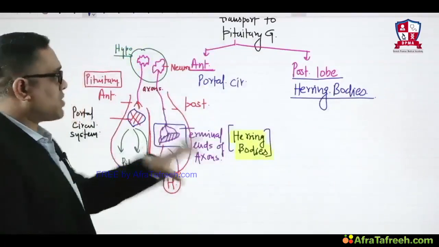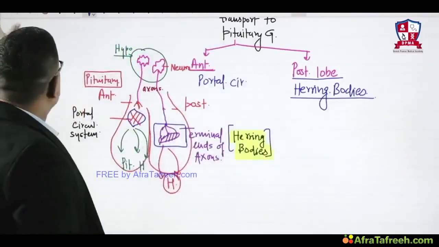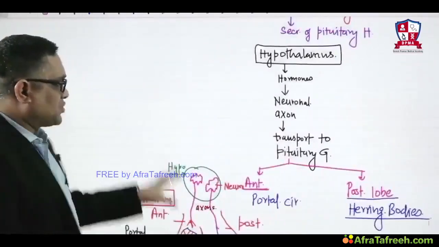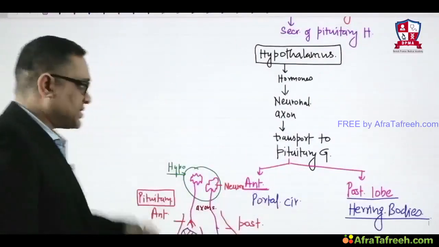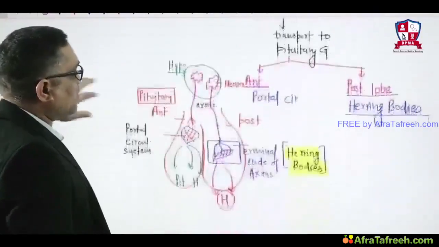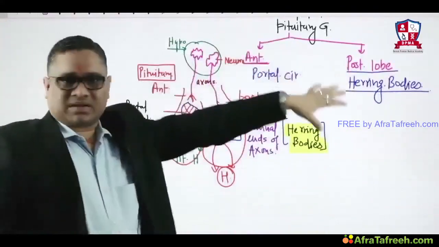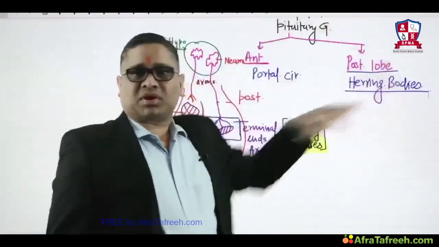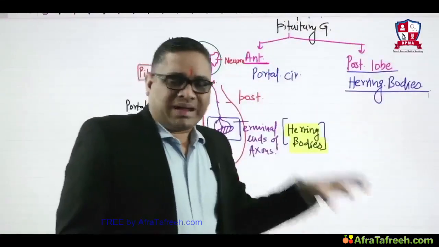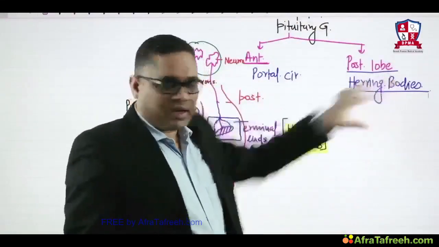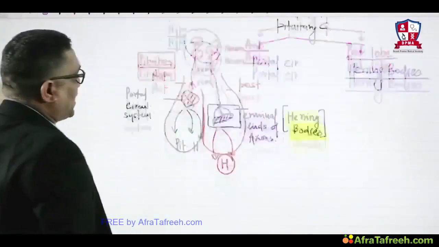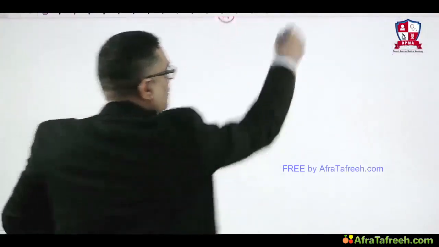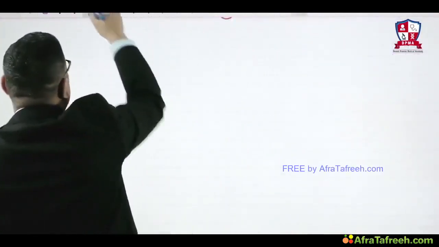That is the important basic knowledge we should know about how the hypothalamus controls hormone secretion. The hypothalamus controls hormonal secretion by two methods: the anterior pituitary through the portal circulation, and the posterior pituitary by hypothalamic nerve endings known as Herring bodies.